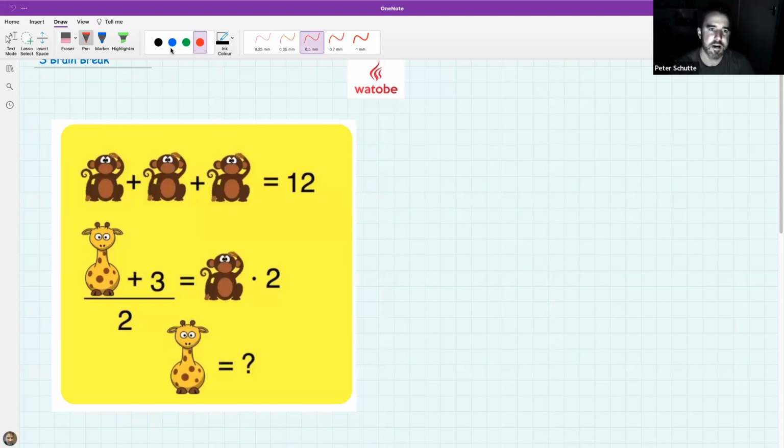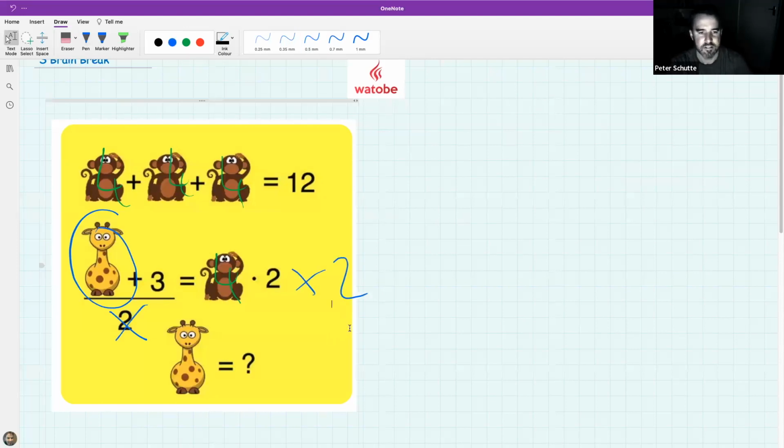So we know the monkey has to be 4. But now we have to work out what this giraffe is doing over here. So we have the power of equations. And using the power of equations, that 2 can become a times 2 on that side. Because if we do the same thing to an equation, whether it's a monkey or a giraffe equation, it's still an equation.